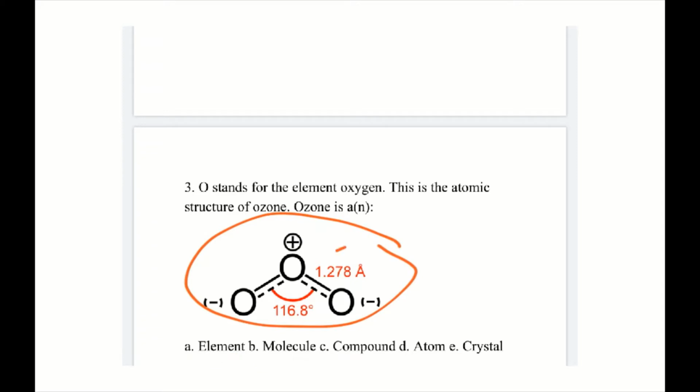So this structure right here has 3 oxygen atoms shown here. And don't worry about these plus signs and minus signs or these angle measures or length measures, because those are extra information that you don't need to solve this problem.